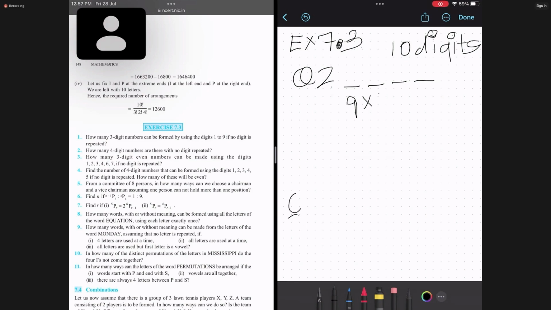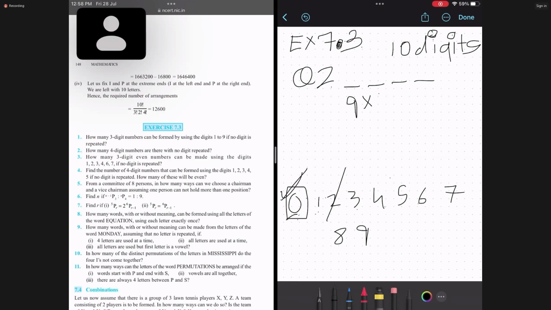So let us suppose that you have 0 1 2 3 4 5 6 7 8 9, correct? So 0 for the first case can't be used. Let us count the number of choices you have when 0 can't be used. 1 2 3 4 5 6 7 8 9. So you have 9 choices when 0 can't be used. But after filling up the first digit, let's suppose that you use 2, 0 can now be used.